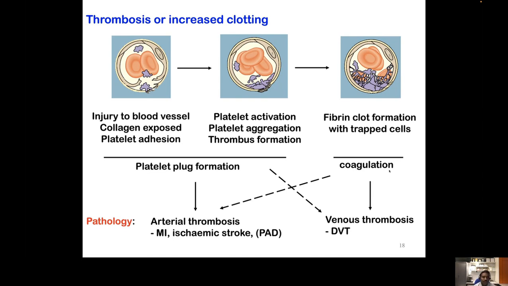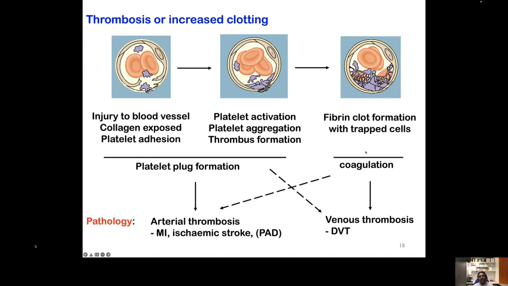Carefully understand this. Platelets will play major roles in arterial thrombosis, because in arterial circulation we will have a high blood flow. In venous circulation we will have a slow blood flow. So the flow rate will be very high in arteries and it will be slow in veins. So platelets play a major role in arterial thrombosis and coagulation will play a minimal role here.